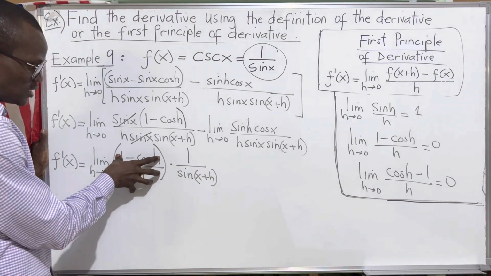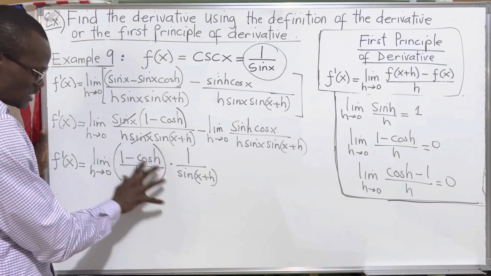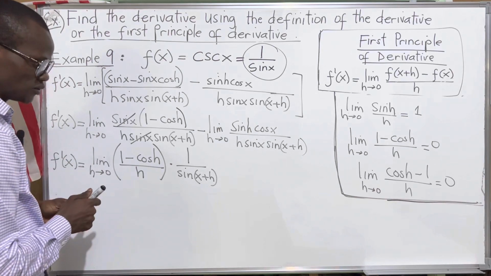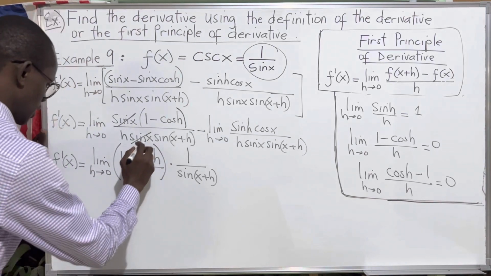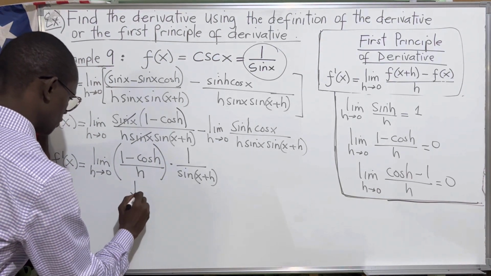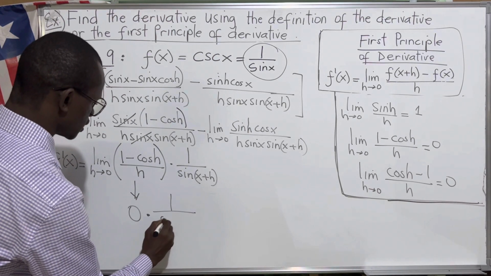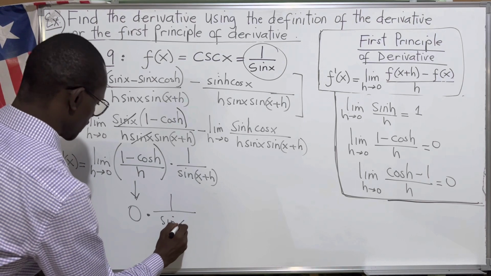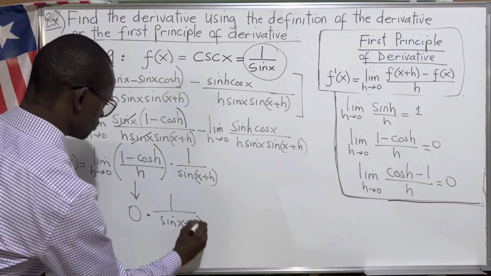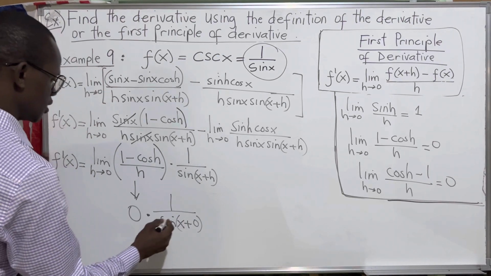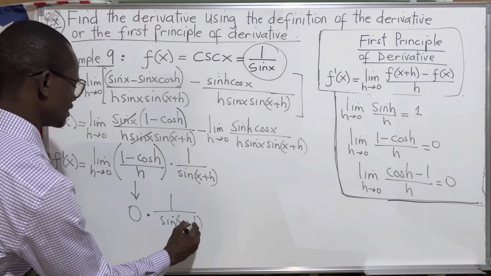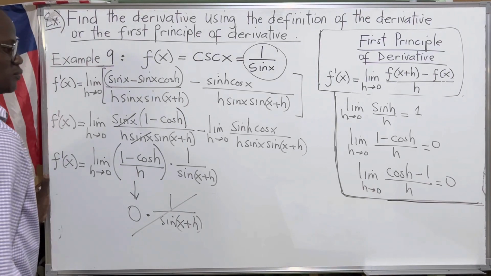That's why we brought in this theorem. The limit of this particular expression is equal to 0. So 0 times 1 over sine of x plus 0, because we are replacing the h now. This whole thing will go to 0.